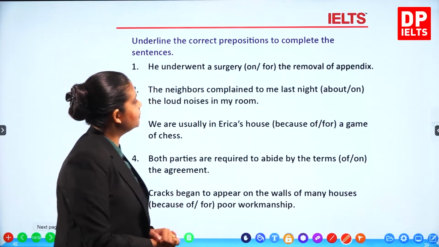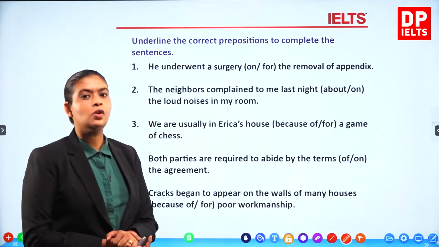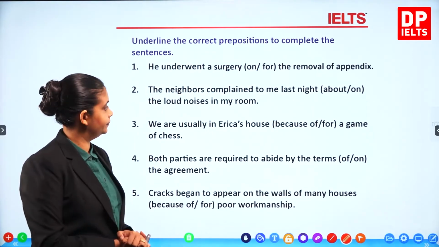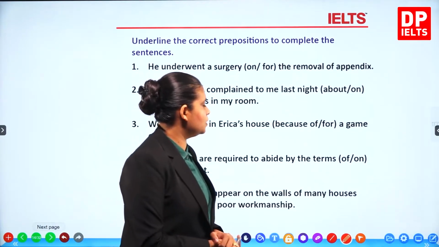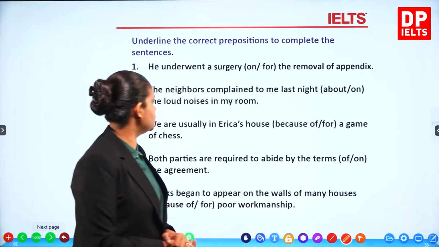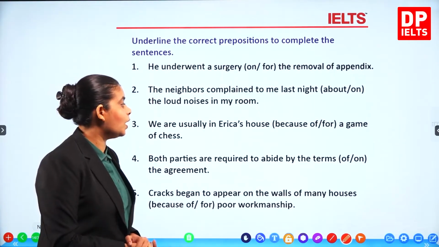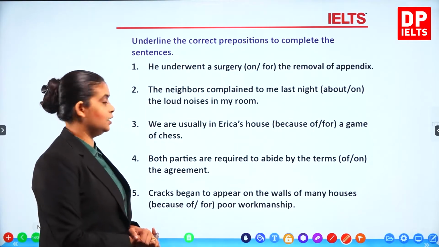The neighbors complained to me last night about or on the loud noises in my room. We are usually in Erica's house because of or for a game of chess. Both parties are required to abide by the terms of or on the agreement.